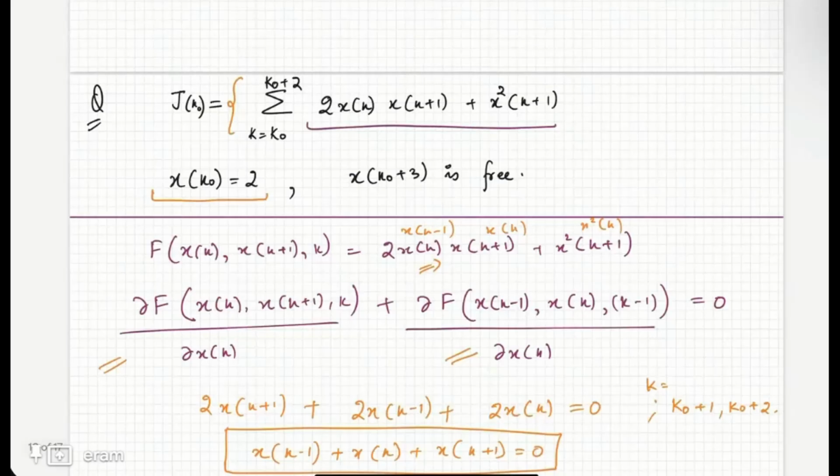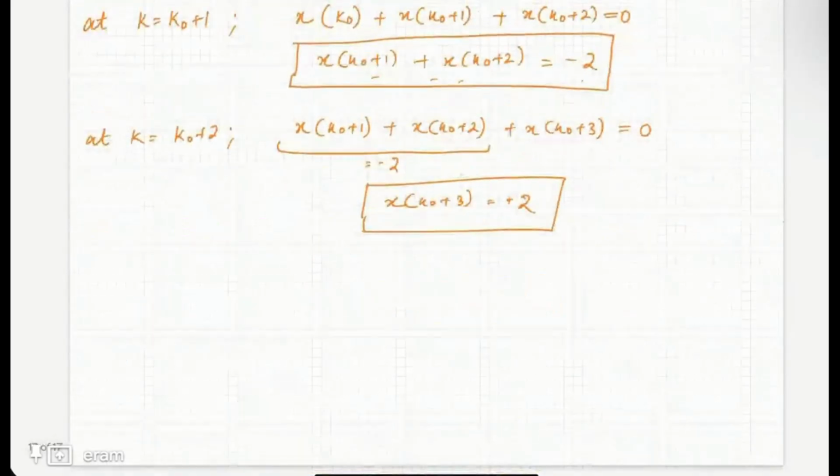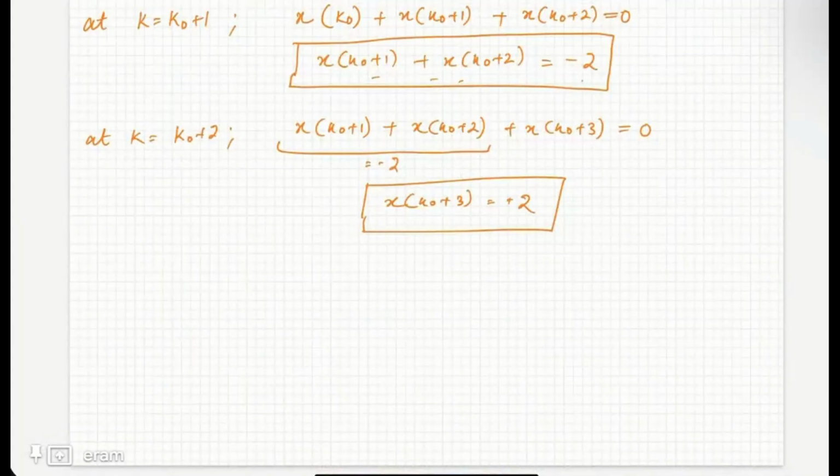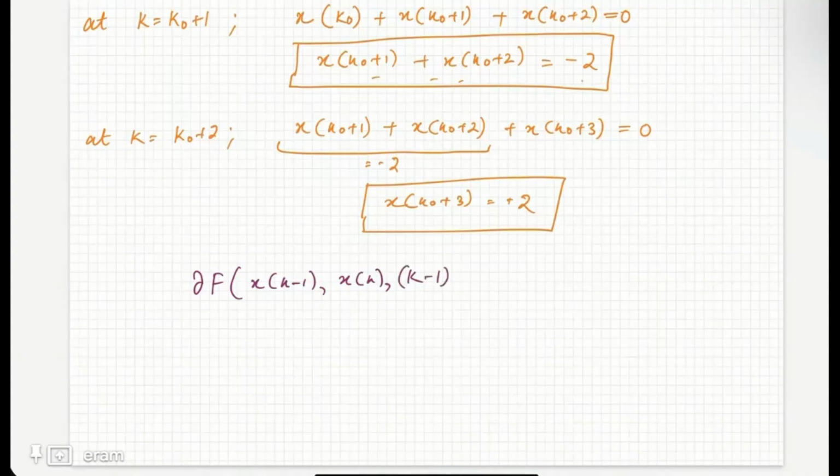Now it is given to us that our final state is free. Now since final state is free, that means we have to use the terminal condition for final time only. So del of f at xk minus 1, xk and k minus 1, at x of k evaluated at final time, that is k naught plus 3.